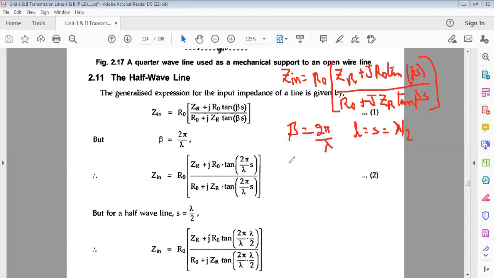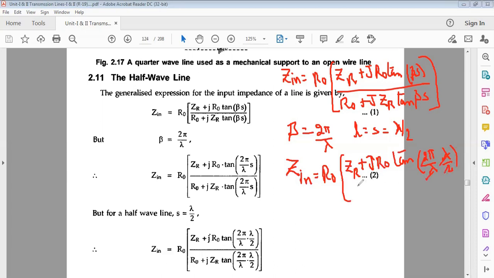Now let us see in the half wave line what Zin is equal to. After substituting the beta and the length, Zin is equal to R0 into ZR plus J into R0 tan of 2 pi by lambda times lambda by 2.